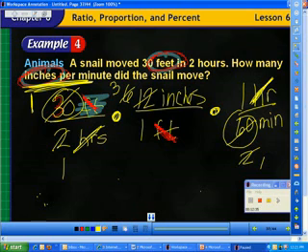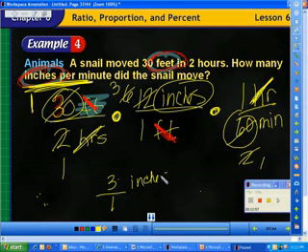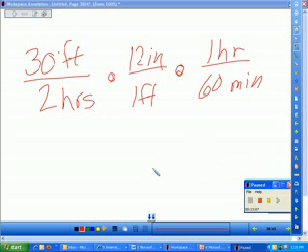So after all that canceling is finished, let's multiply straight across the top and see what we have left over. We've got a 1 times a 3 times a 1, which simply simplifies to 3. We've got 1 times 1 times 1, so it's just going to be 3 over 1. So we can't forget about our units. Inches per minute, which simplifies to 3 inches per minute.